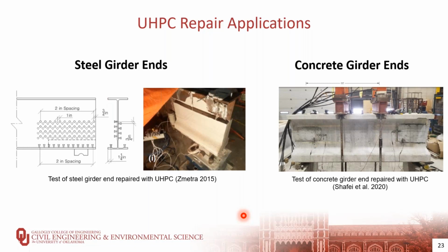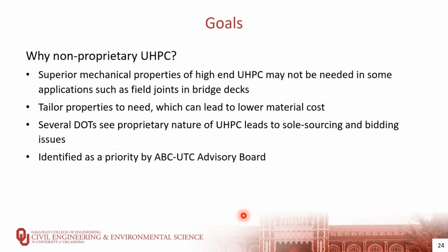So with that background on UHPC history, basic properties, et cetera, and thinking about this idea of using UHPC as a repair and retrofit material, we get to the point of, why non-proprietary UHPC? For some of these applications, say in some of the joints, as well as some of the repair and retrofit applications, a compressive strength of 30,000 PSI may not be the most important thing.